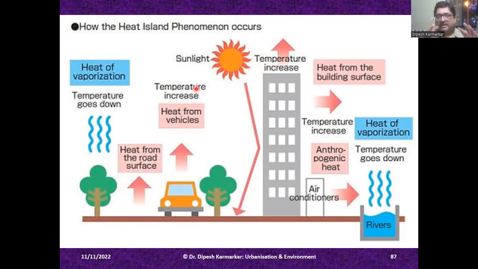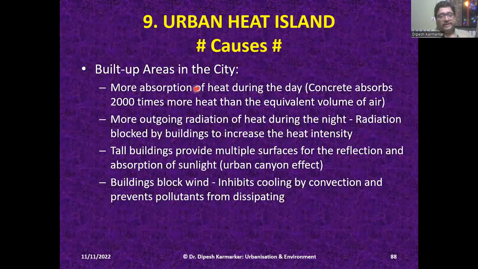So the factors that help the city cool down are almost not present in the city, while the factors that contribute to heat are in a very large number. Now, this imbalance leads to heating of the city.